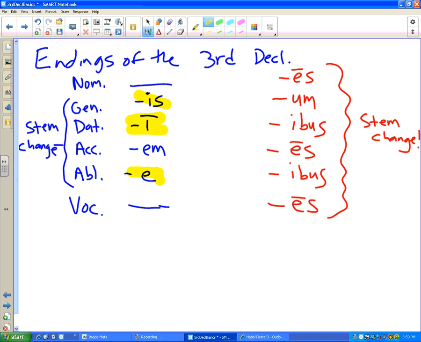You're going to get very tired of all my highlighting. Over here, use a slightly different set of colors. Okay. To draw attention to some potential sticking points with the new endings of the third declension.